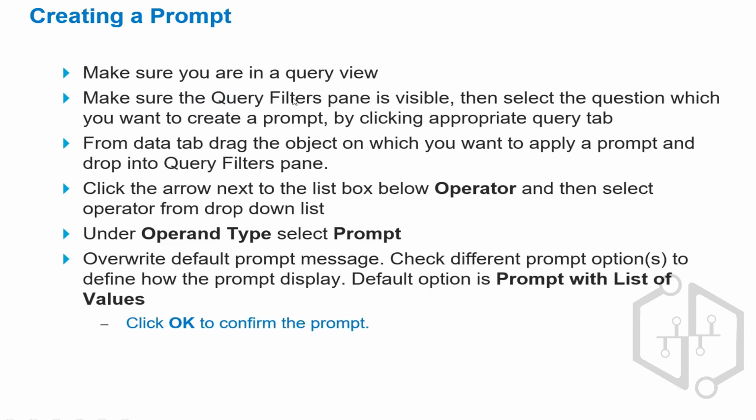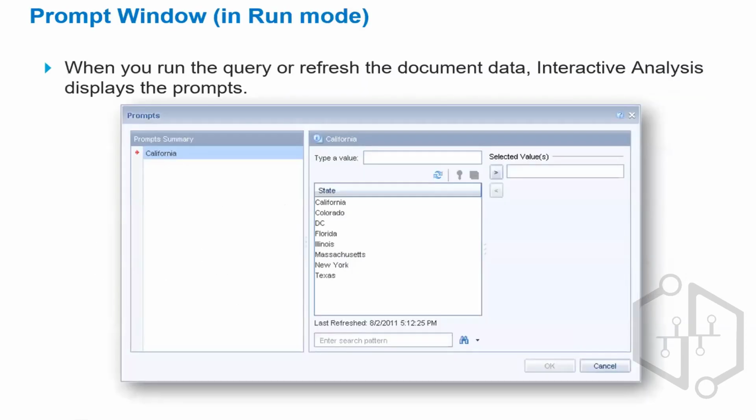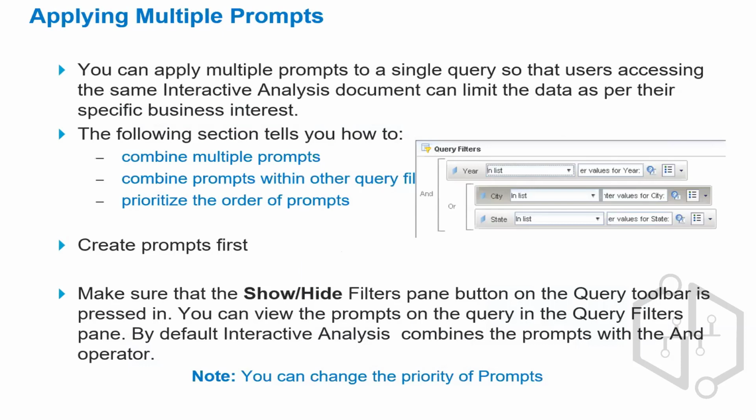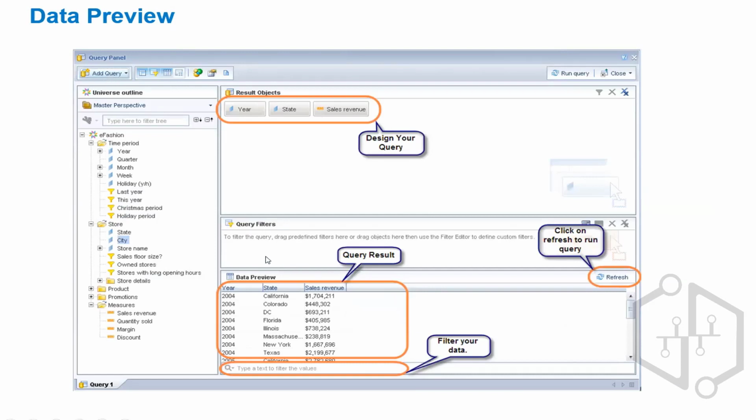We can create a prompt in the query panel. I will show you how we create it. Once we give the prompt, if we refresh the report, we can see the query result here itself. If we run the query, it will take us to the report.